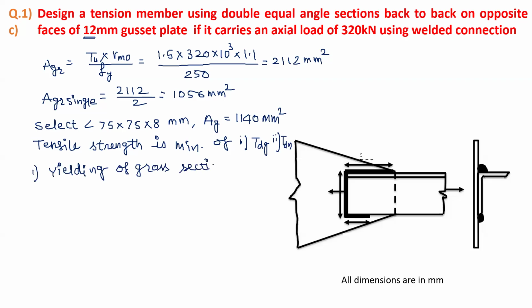And then we have the formula TDG equal to AG Fy upon gamma m. Now AG, we have a double angle section. So 2 into 1140 into 250, and gamma MO is 1.1, and we will get the value 518.19 kilonewton.